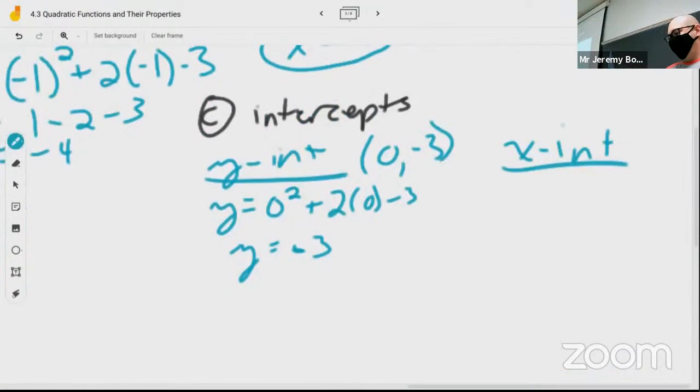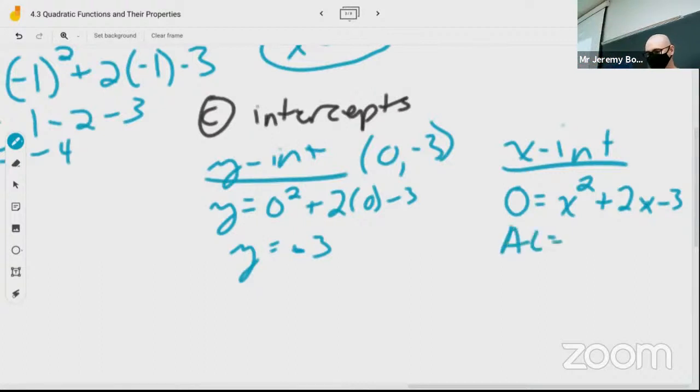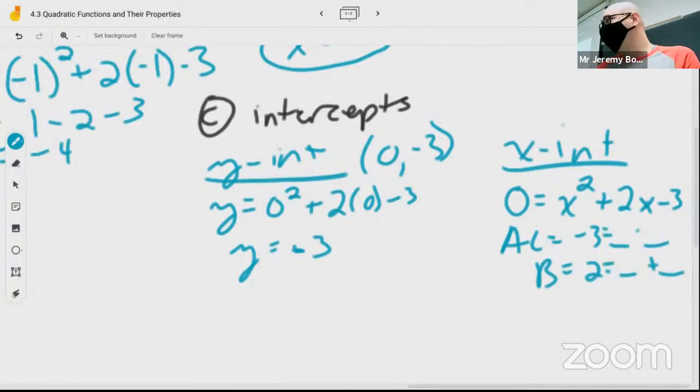So we're going to set y equal to 0. So x squared plus 2x minus 3 is equal to 0, and try to solve that for x. This one, we can factor. If we go that route, ac is negative 3 and b is a positive 2. We need things that multiply to be negative 3 and add to be positive 2. A negative 1 and a positive 3 will do it.